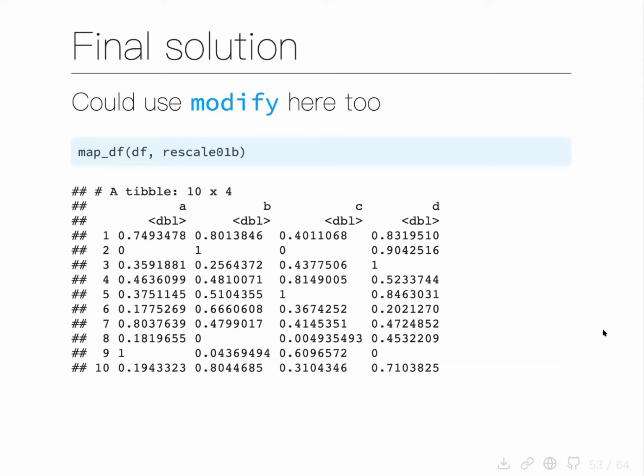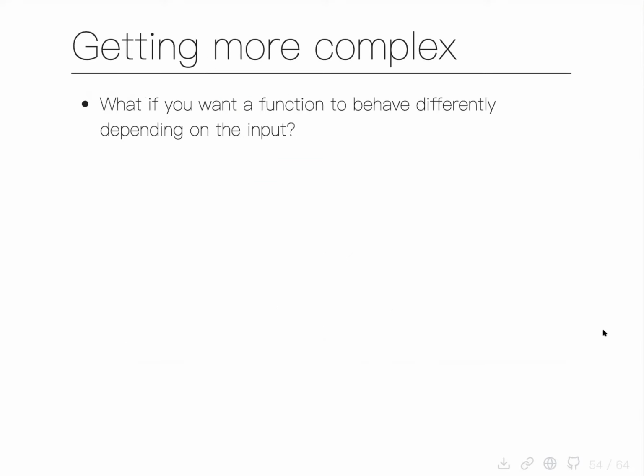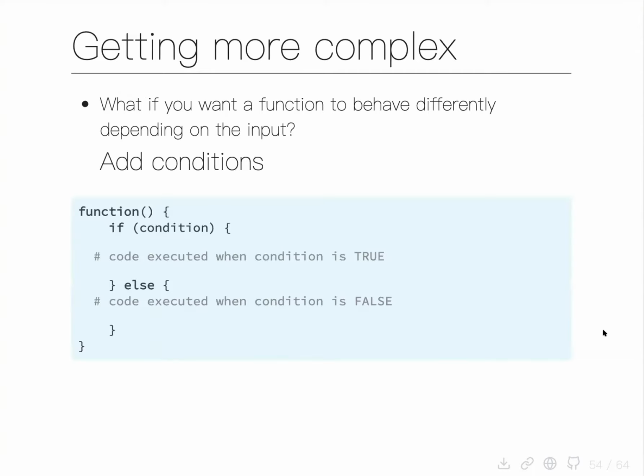Okay, so that part is mostly review. Getting a little more complex, what if we want the function to behave differently depending on the input? Okay, then we need to add conditions. And this is the basic structure, right? We have some function that we're defining here, and then we have some condition. And so we say if condition, so if the condition is met, then do all this stuff in between these curly braces.